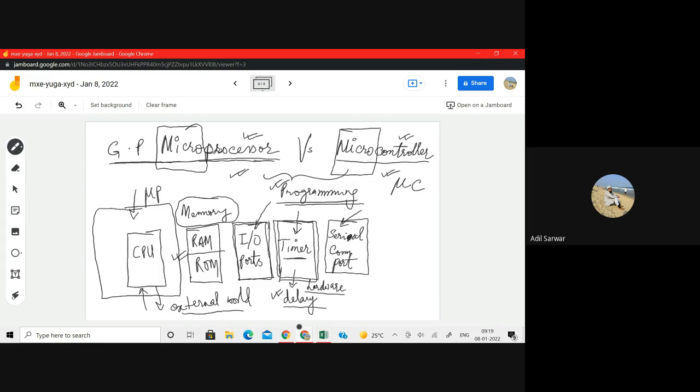It could be a series of instructions going out or coming in to the CPU, one by one, one by one. That is serial communication. And if they are transferred or received by the CPU in parallel fashion, then it is what we call parallel communication.